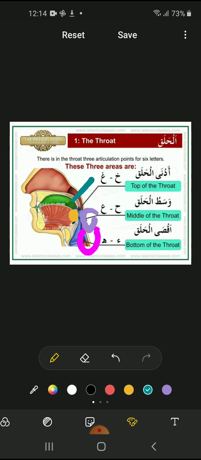And also, you should not press strongly on the Ha. It is not one of the strong letters that we should press strongly on, but we have to leave it to run, not like the Hamza, for example, where we cut the sound, but we leave it to run for a while. So don't press strongly, because if you did that, this may also be one of the reasons that the snoring sound will be formed.